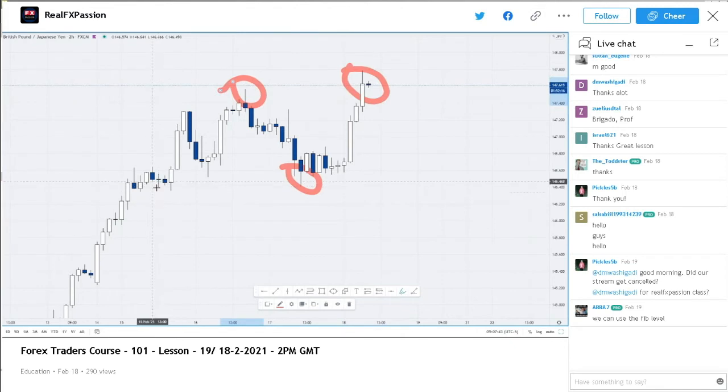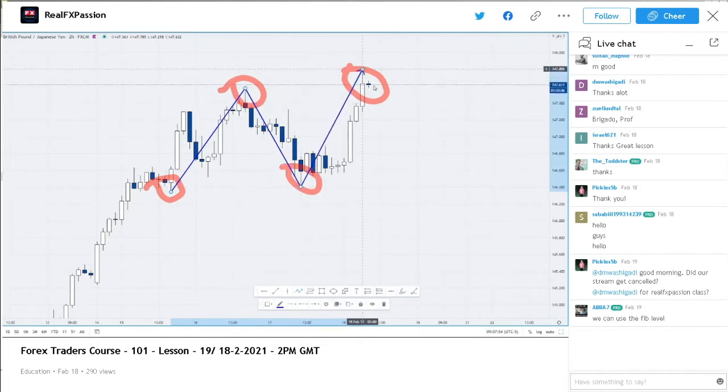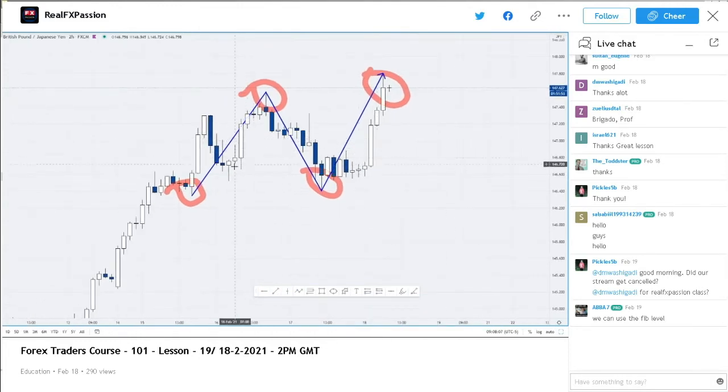Higher highs, higher lows. Make sense, everybody? Low to high, high to low, and one more time, low to high. This is everything that I'm seeing. I'm not using anything because I'm a beginner trader, and I'm just going to buy. Oh, it's going up, it's making higher highs, higher lows, and I'm going to buy.